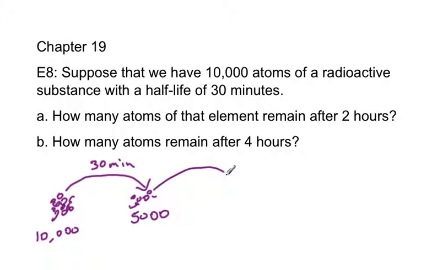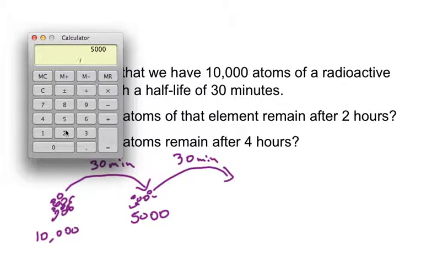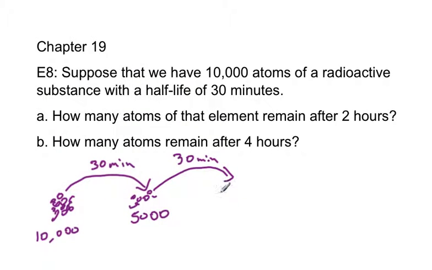Now we're going to go 30 more minutes, and we're going to divide by 2. We're going to divide the 5,000 by 2. We have half of that number. I'll draw some more dots. And we have 2,500.